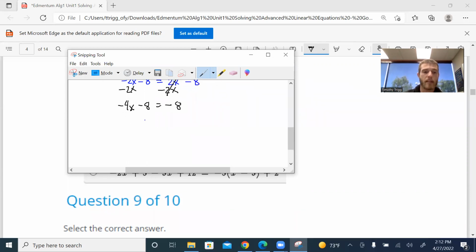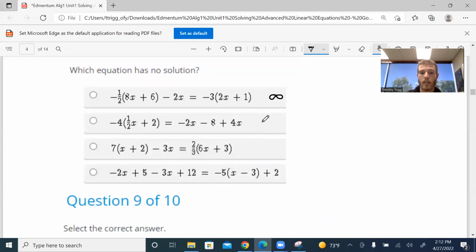Next, to get x by itself, we're going to add 8 to both sides of the equation, giving us -4x equals 0. To get x by itself, we divide both sides by -4. 0 divided by anything is 0. So x equals 0. Okay, so this one just has a solution. This one has one solution. It's x equals 0.